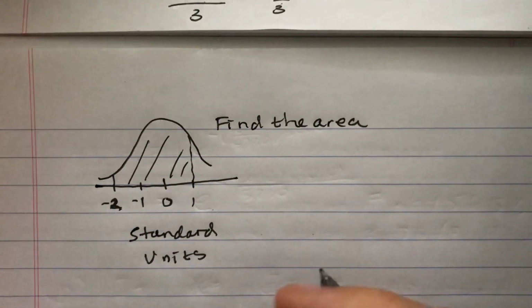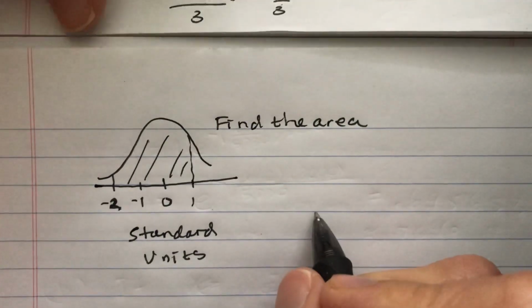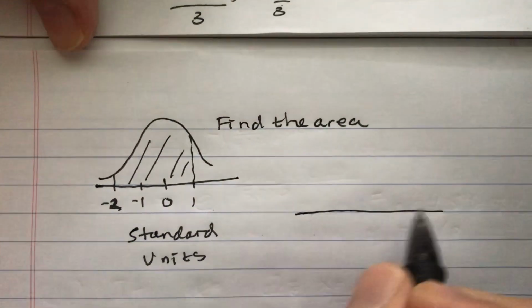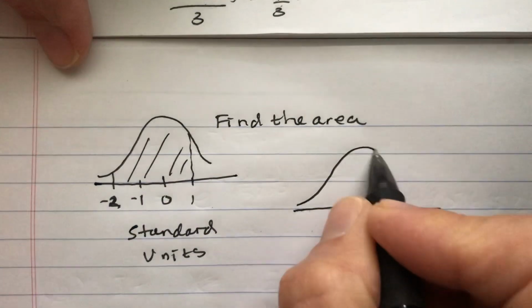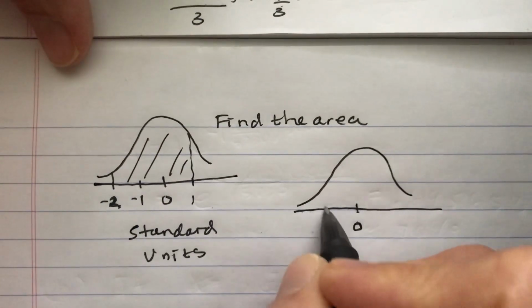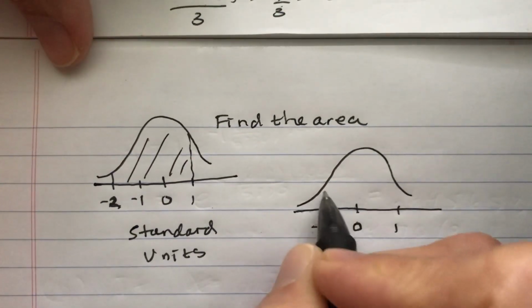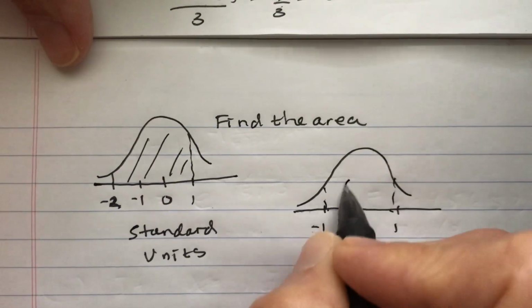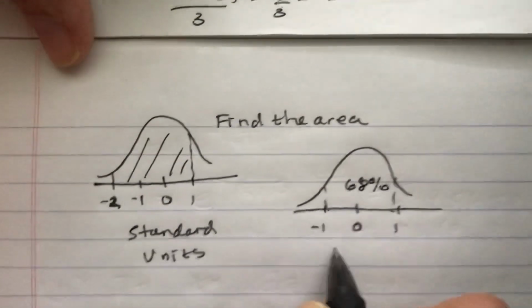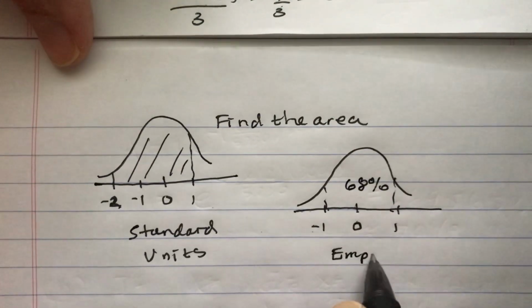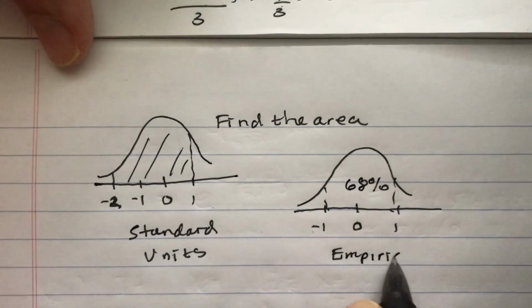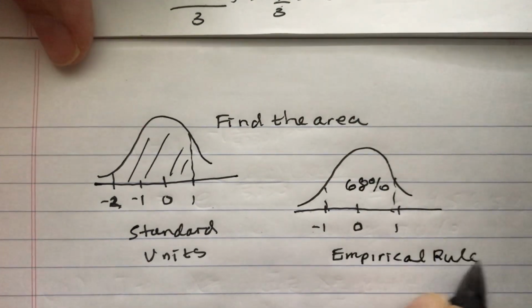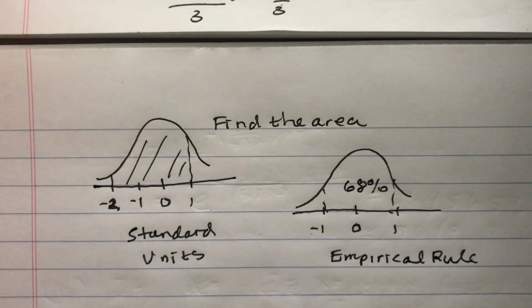Okay, so this is almost like an intellectual exercise because we can use a calculator, but I'm still going to persevere here. The empirical rule says this is 68%. Now, that is the area as shown between negative 1 and 1.